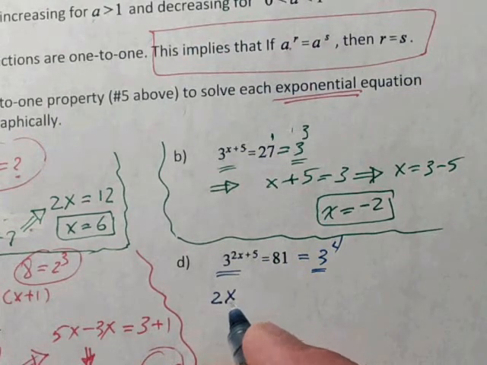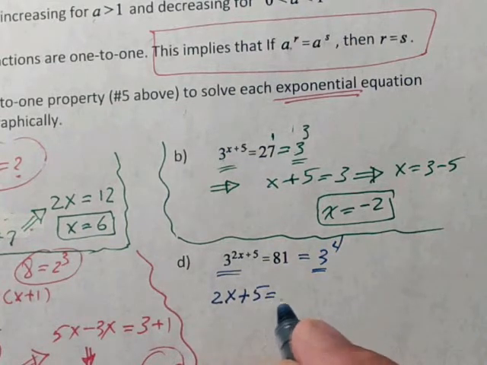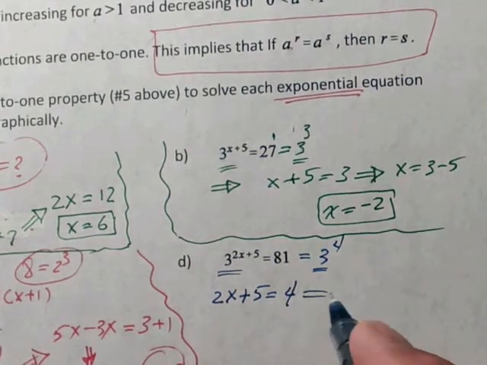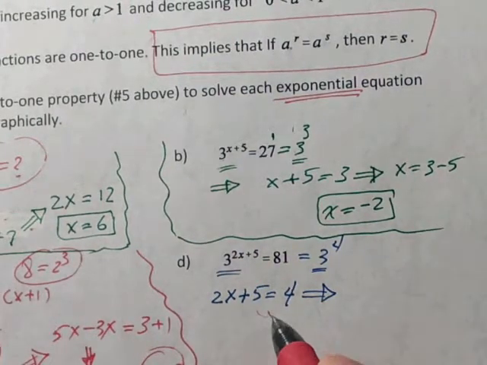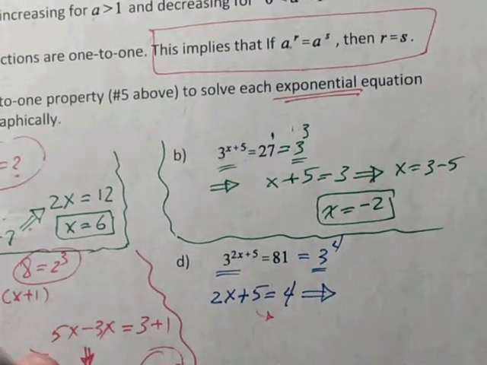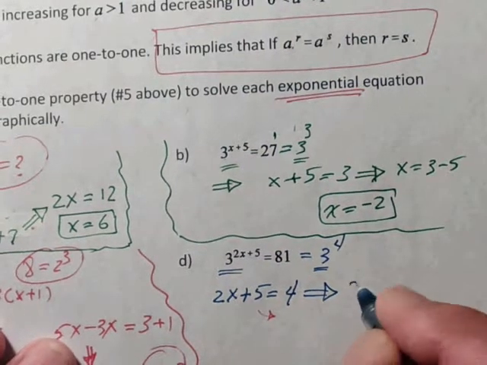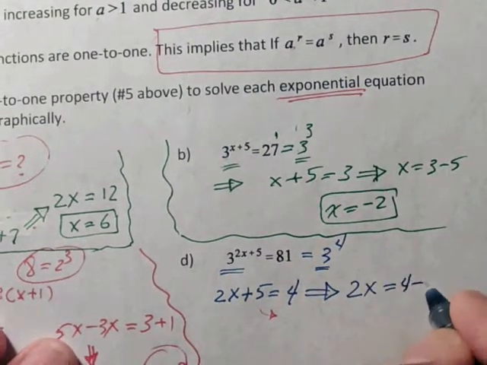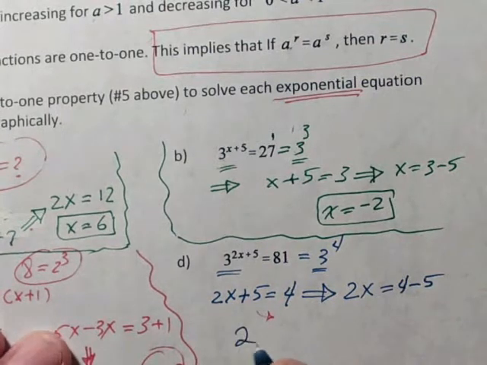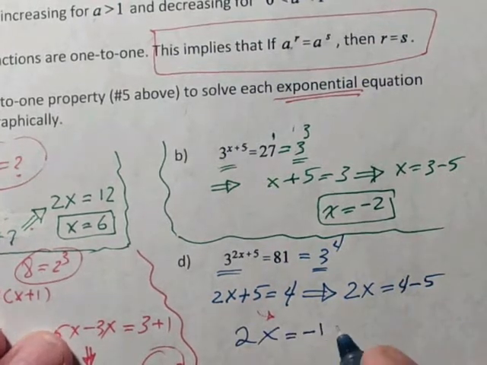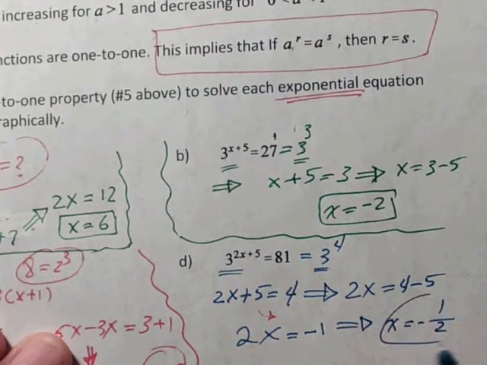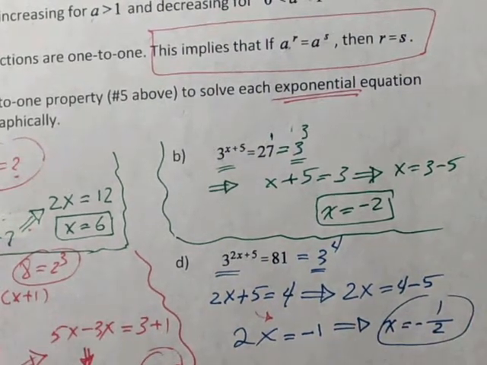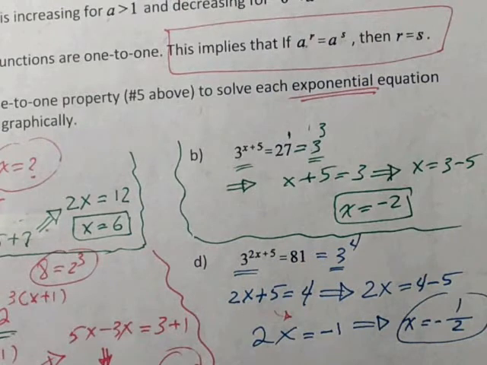So 2x plus 5 is equal to 4. I can move this 5 to the right side, so I get 2x is equal to 4 minus 5, 2x equal to minus 1, so x is equal to minus 1 half for that situation.